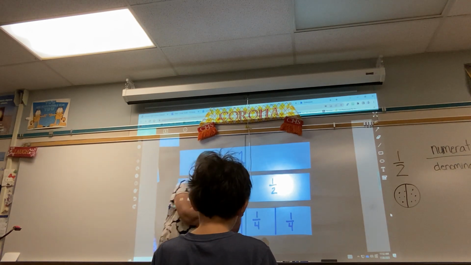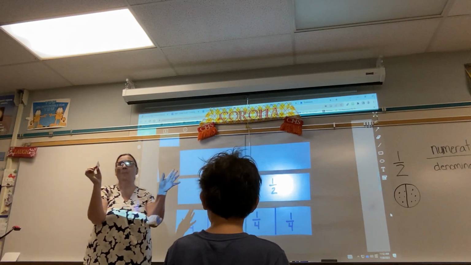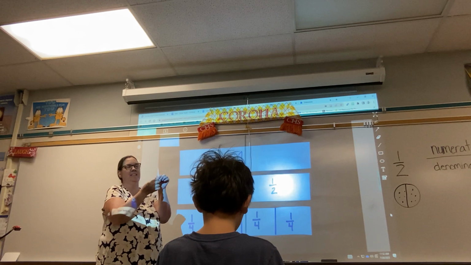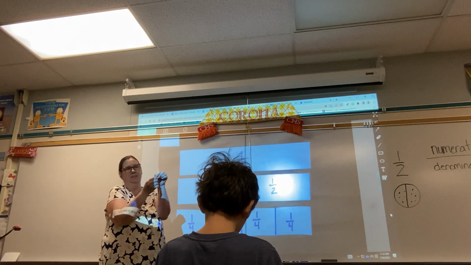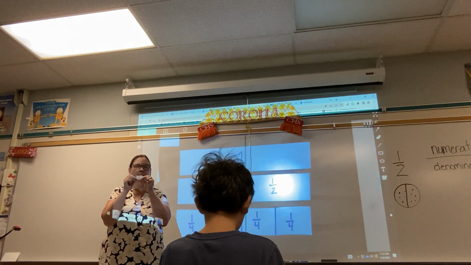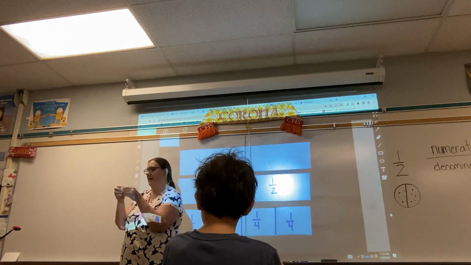Right, you got it? Good job. Now, we're going to fold it one more time to make it even smaller. So this piece ends up smaller than the other ones we folded, right? When it's all folded. Okay, we're going to open it back up.